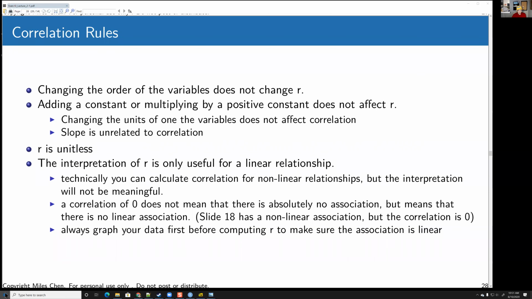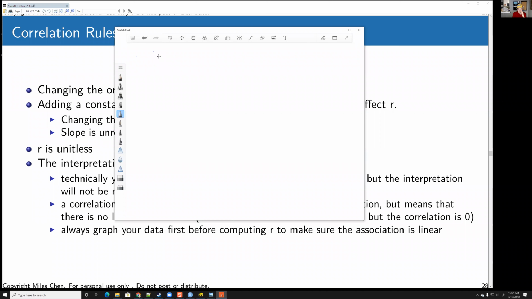So let's say I've got some kind of plot here, and let's say this is the relationship between height and weight.